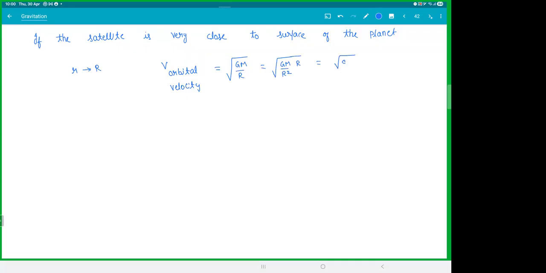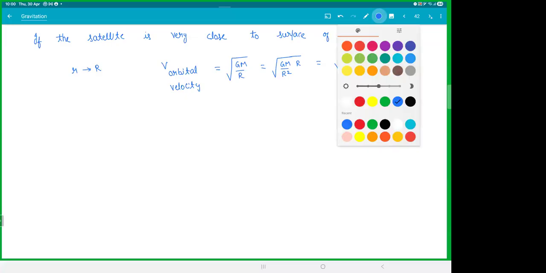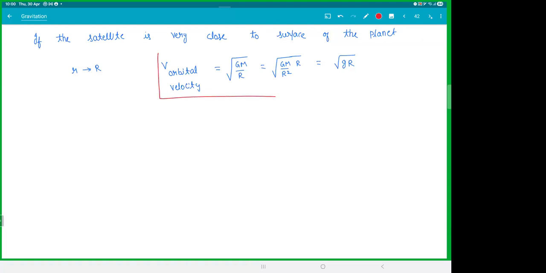Small g. So this is the orbital velocity when the radius of the orbit becomes the radius of the planet. For Earth, this value comes to around 8 kilometers per second.